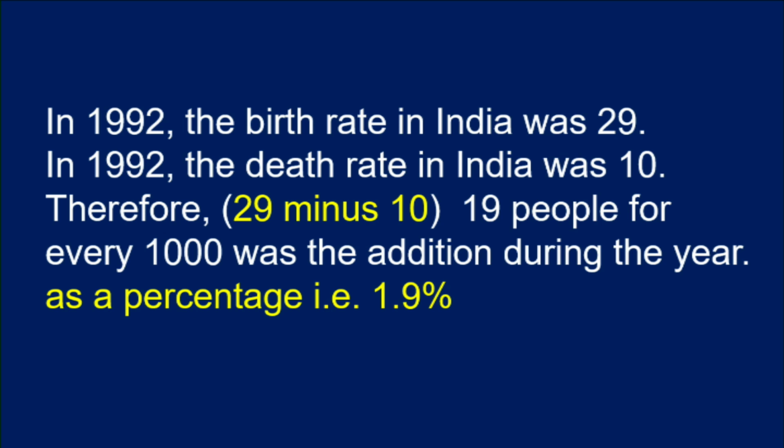Here the birth rate is more and the death rate is less, so the change in the population is positive. Therefore, 29 minus 10 means we get 19 people for every 1000 added during that year. As a percentage, it is 1.9 percent.